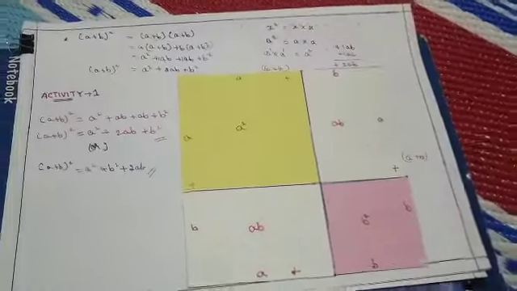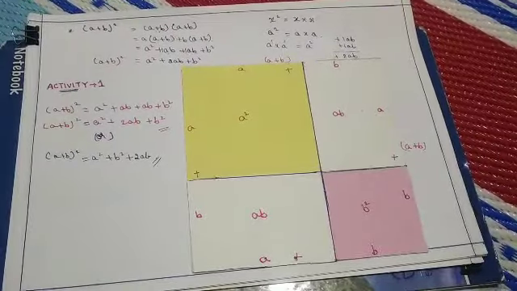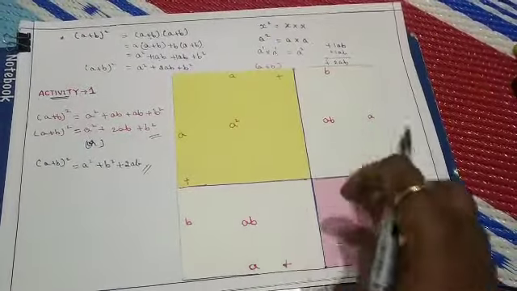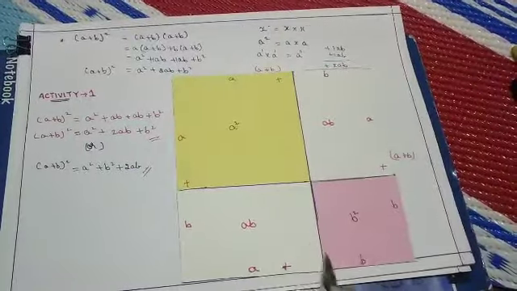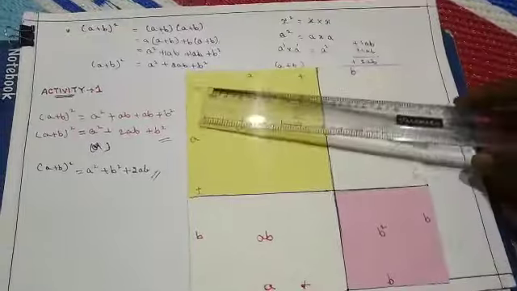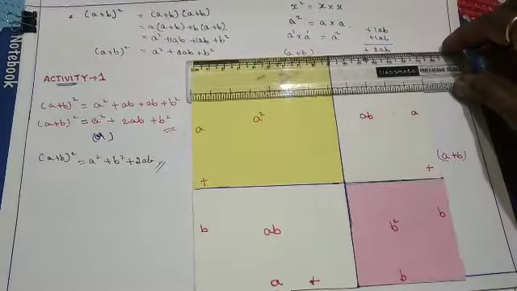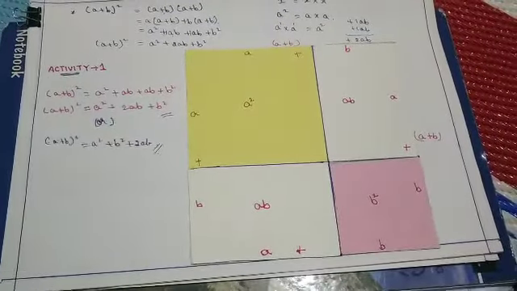Then how to use this identity? Children, here I have taken the bigger square, before pasting the small squares and rectangles, whose side length was 15 centimeter. It is divided into two parts, 9 plus 6.